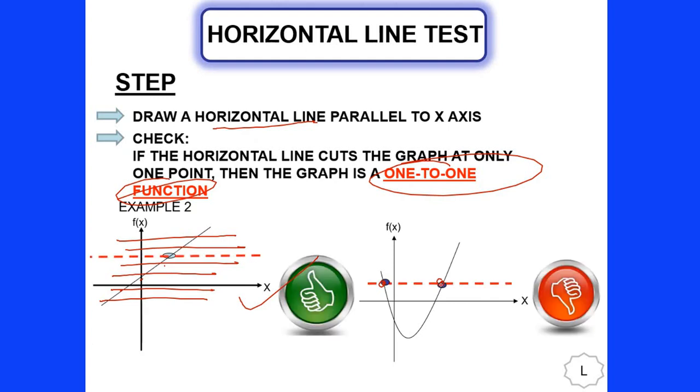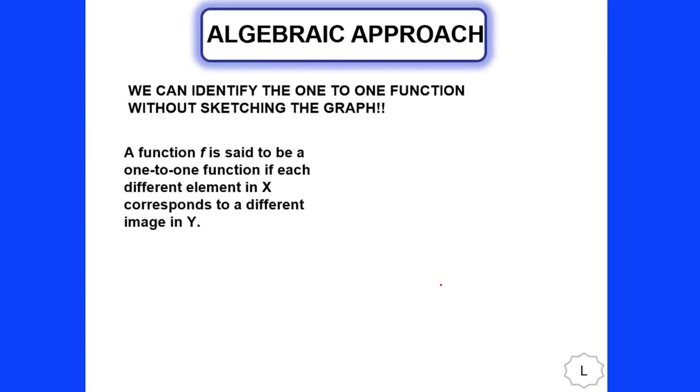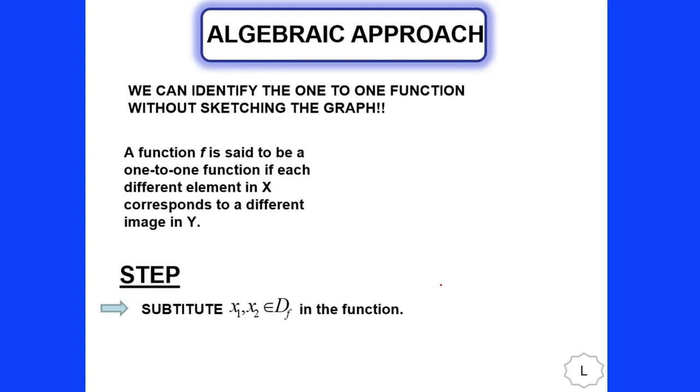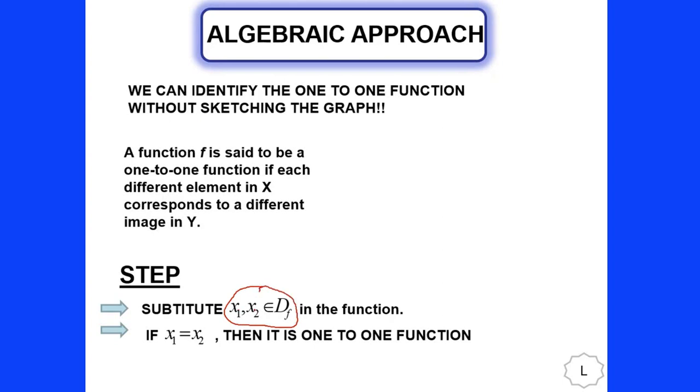And then the next step, the algebraic approach. Identify the one-to-one function by sketching the graph, or without graph using the algebraic approach. Let's say we want to show this is one-to-one using the algebraic approach. First step, choose two elements x1, x2, members of domain f. In the function, if f(x1) equals f(x2), then x1 equals x2, so it is a one-to-one function.